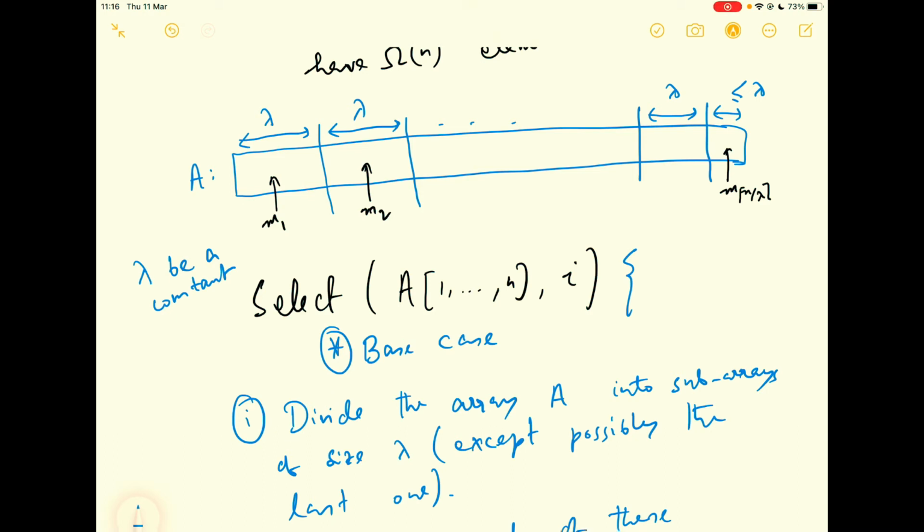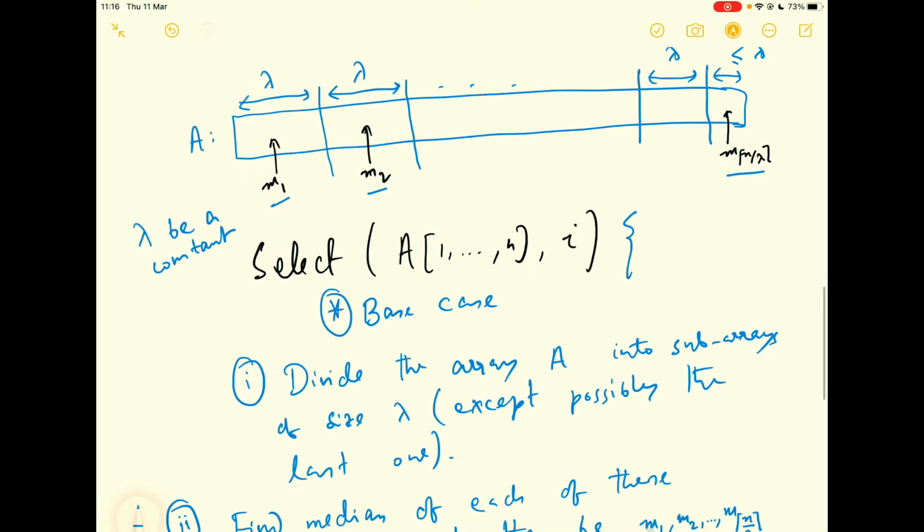So you find median of each of these parts. Finding M1 takes order 1 time, finding M2 takes order 1 time, finding M n by lambda takes order 1 time, and there are n by lambda many such terms, and lambda is some constant. So finding each of these medians takes order n time in total.